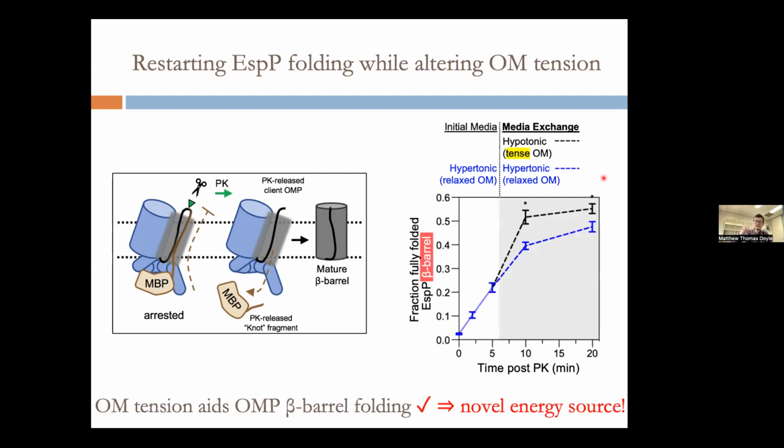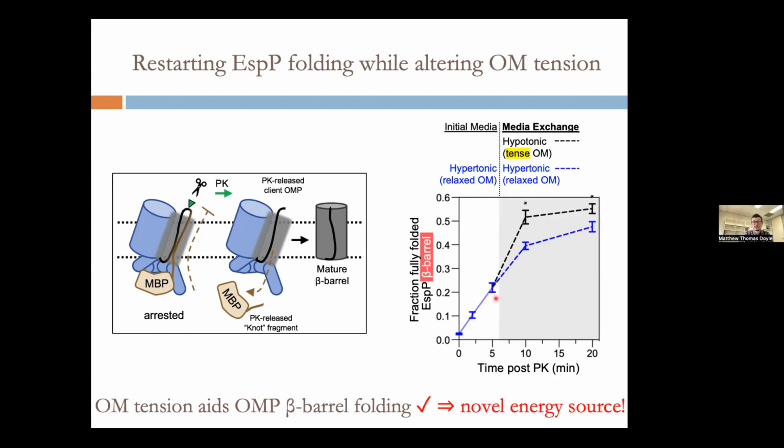So you can do this the other way. You can have a slowed down system, and then during the chase, you swap your bacteria back into normal LB, and then it's going to swell and the outer membrane is going to be tense again. And so that is what happens. So if you just have a relaxed outer membrane, barrel assembly goes like so over time.